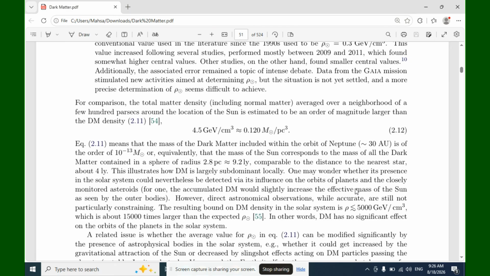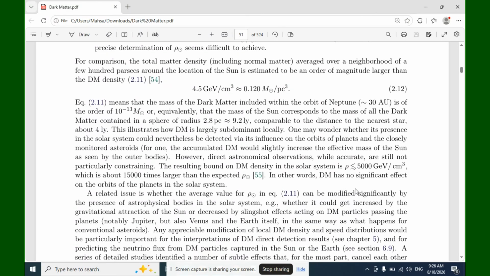The resulting bound on the dark matter density in the solar system is rho less than 5,000 GeV per cubic centimeter, which is about 15,000 times larger than the expected density. In other words, dark matter has no significant effect on the orbits of the planets in the solar system.